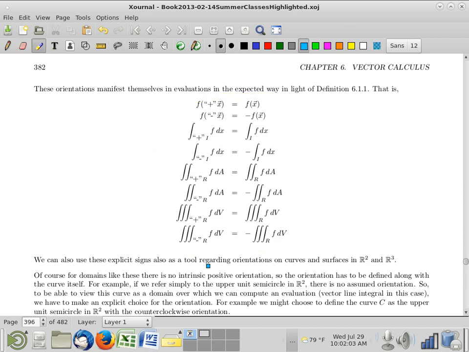Let's just look at a double integral here, for example. If I do a double integral, and if I infer my domain to be a positively oriented region, what I mean by positively oriented is evaluate it normally.